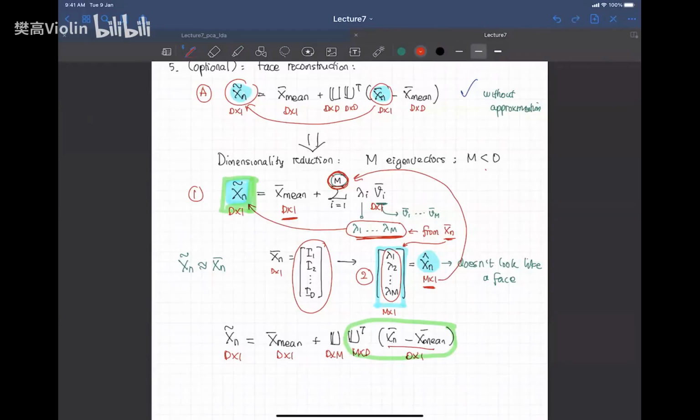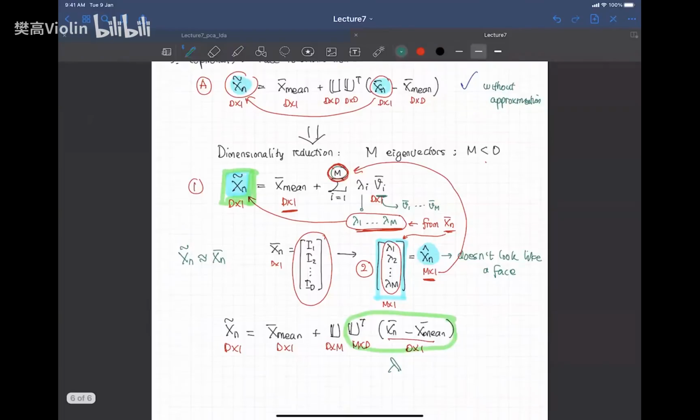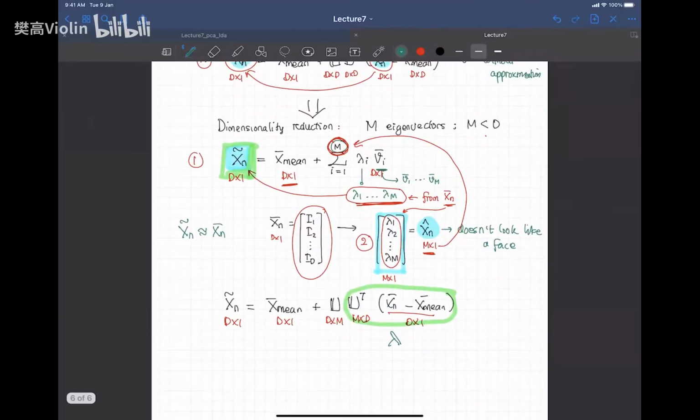Lambda is a factor, which is an eigenvalue. Sorry, no lambda. Let me see. This one should be m by 1. So the whole thing, if you multiply, is m by 1. Xn hat, is it? Yes, xn hat. Okay. Then I understand. Yeah, thank you. Okay, correct.